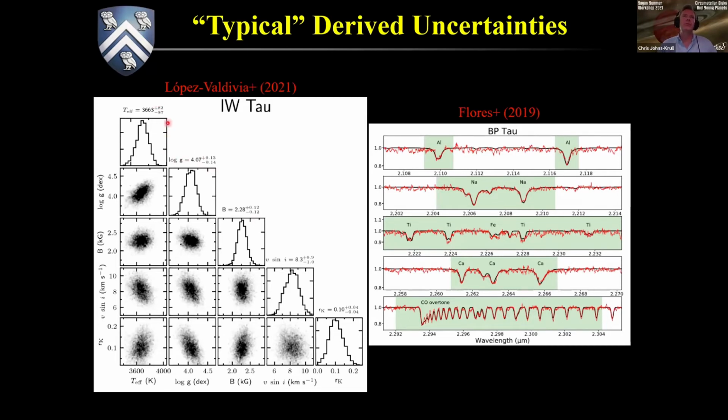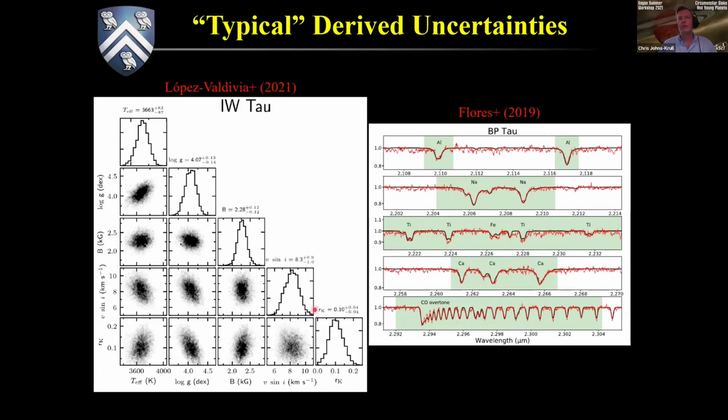So temperatures in the neighborhood of maybe 90 to 100 degrees effective temperature, gravities maybe in log g in the neighborhood of 0.1 to 0.2, magnetic field strengths around 0.1 kilogauss, and V sin i's in the neighborhood of 1 or so kilometers per second.